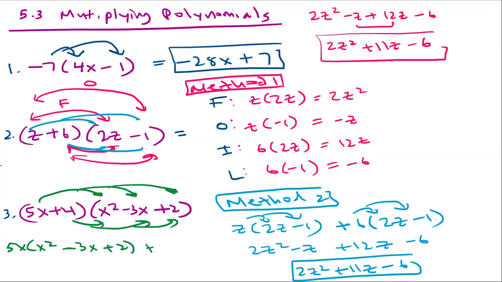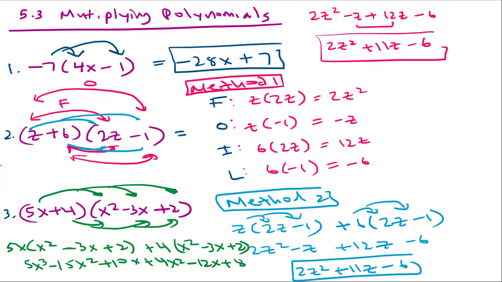And then we have plus 4 times x squared minus 3x plus 2. So then I distribute, that gives me 5x to the third minus 15x squared plus 10x plus 4x squared minus 12x plus 8.